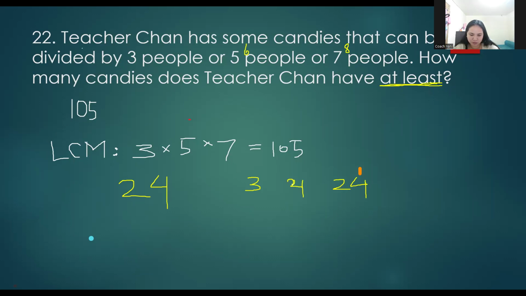And then if you skip count by 6, 12, 18, and 24. And then if you also skip count by 8, you have 8, 16, and 24. So the LCM here is 24 for the example.